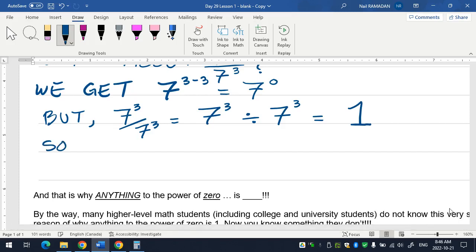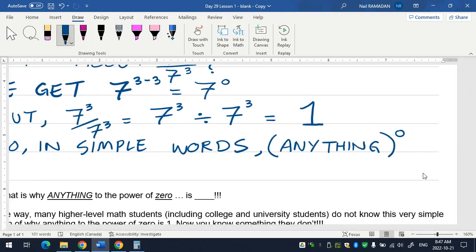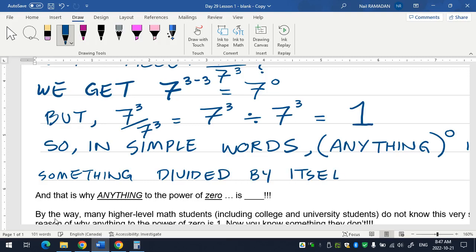So in simple words, anything to the power of 0 is something divided by itself, which is 1.